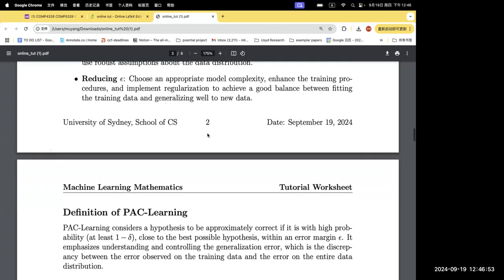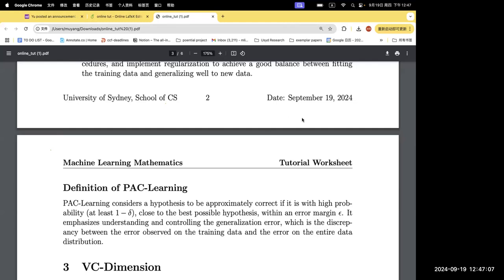We spent quite a lot of time in the lecture on how to prove that a hypothesis class with only a finite number of hypotheses is PAC learnable. We gave a quite detailed proof, which basically establishes that for hypothesis classes with a finite number of hypotheses, we can say they are PAC learnable.